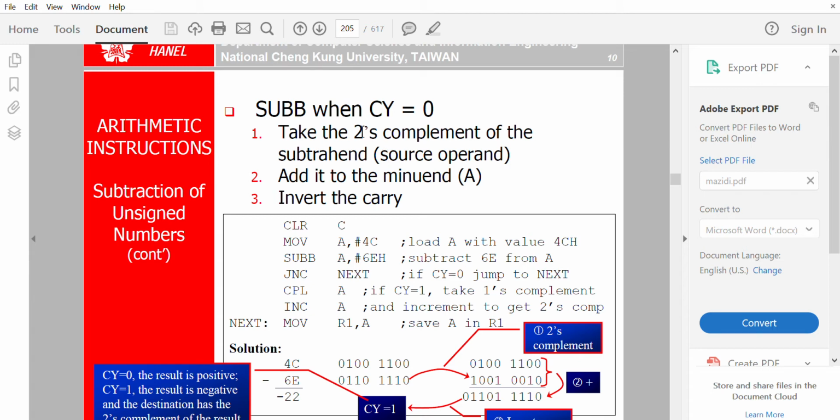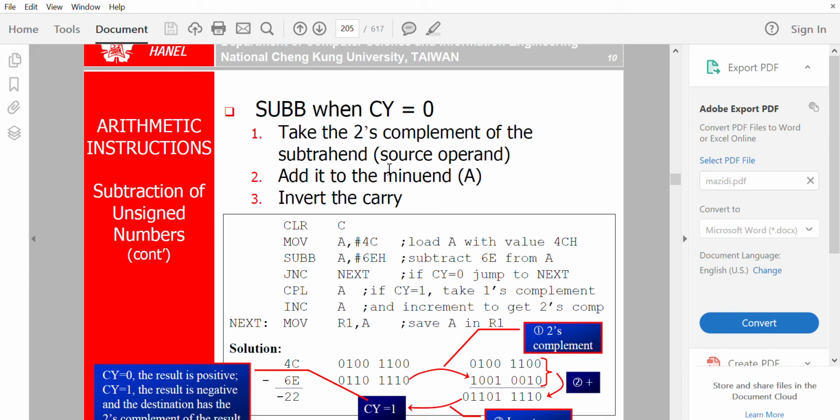If you are doing 3 minus 2, you'll be taking 3 plus the 2's complement of 2. The same thing we are doing here. You are taking the 2's complement of the subtrahend and adding it to the minuend.